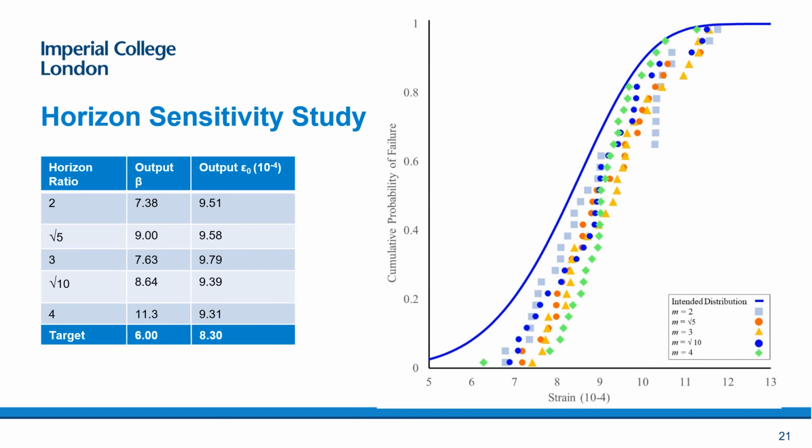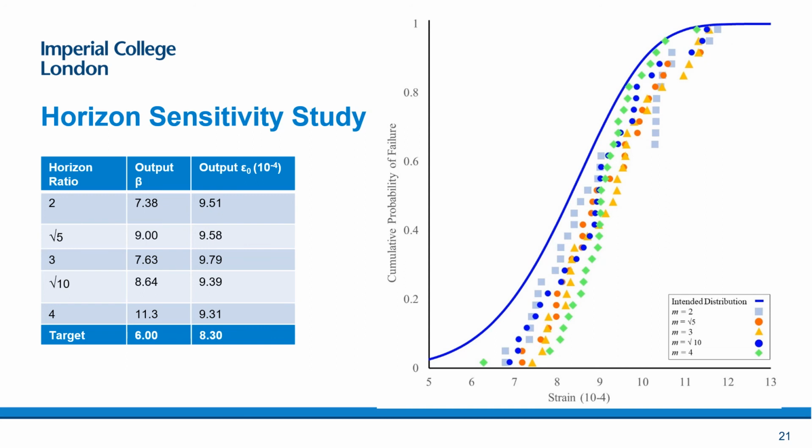We wanted to check that our results weren't going to be affected by varying horizon size, so we varied the horizon ratio between 2 and 4. For most of our horizon ratio values, the fit was still okay. But as we increased and got to 4, we could see a significant change in the slope of the curve, and it wasn't associated with an increase in the characteristic strain as we've seen earlier.